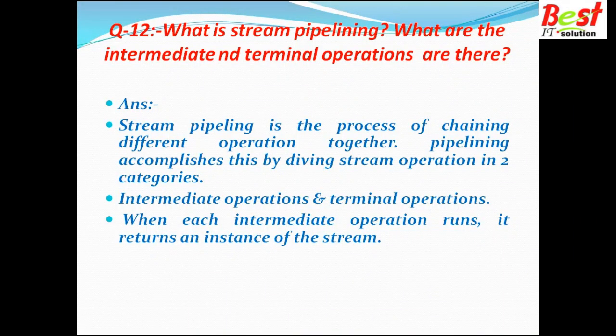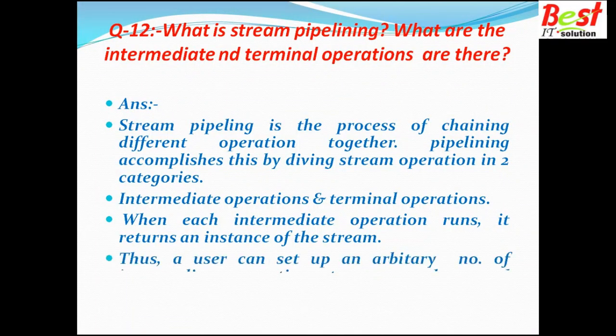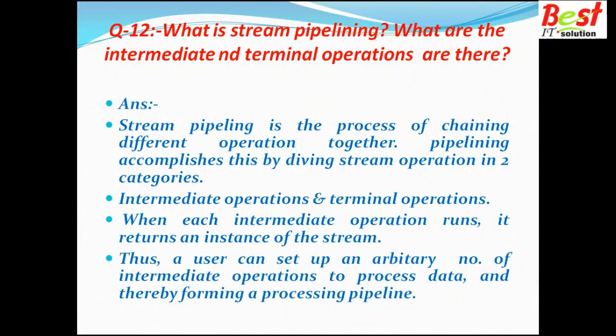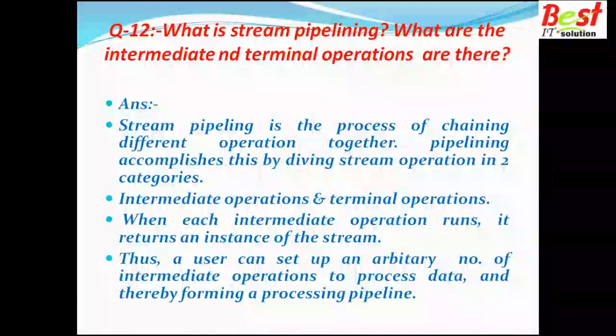When each intermediate operation runs, it returns an instance of the stream. Thus, the user can set up an arbitrary number of intermediate operations to process data, thereby forming a processing pipeline.